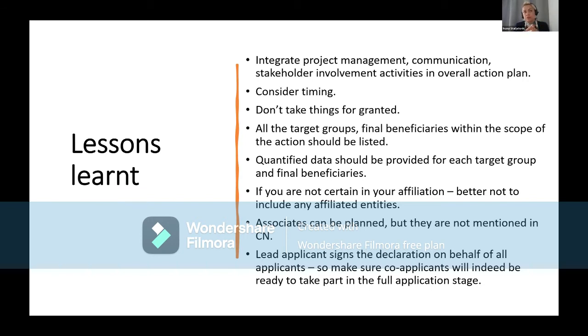So you are planning your expenditures and the values of the expenditures, the amount that you're asking, on the basis of the current situation.